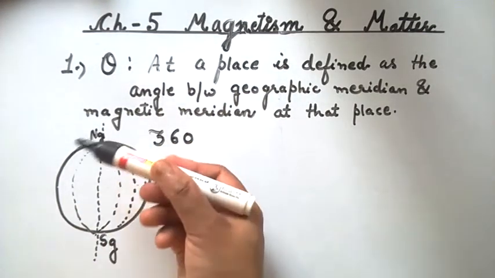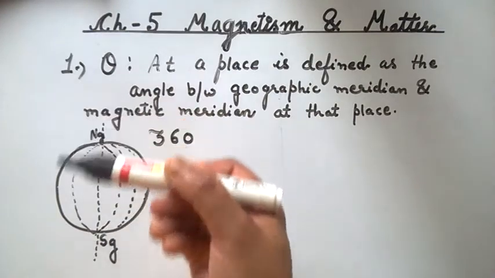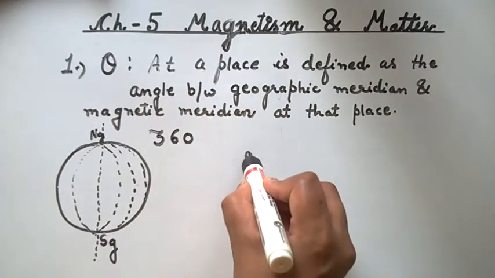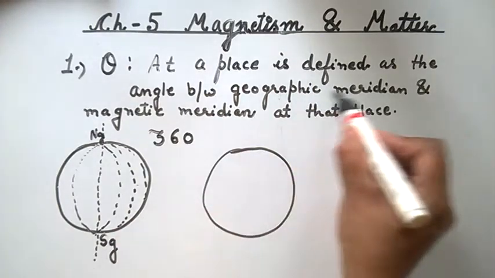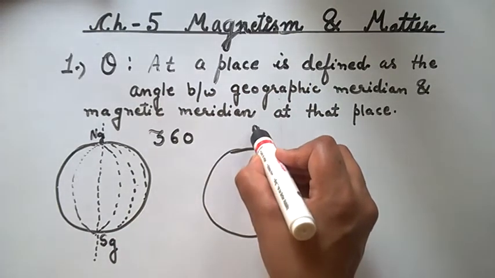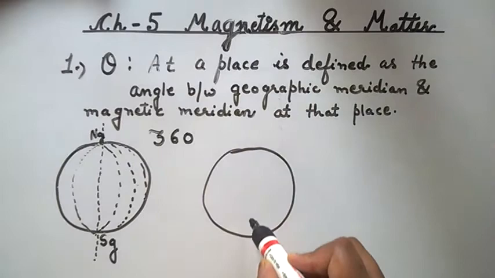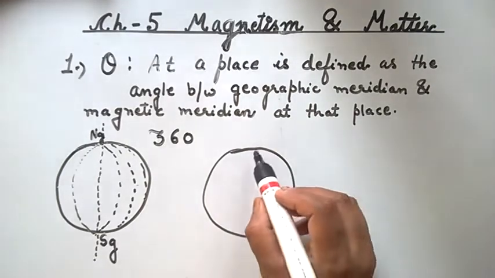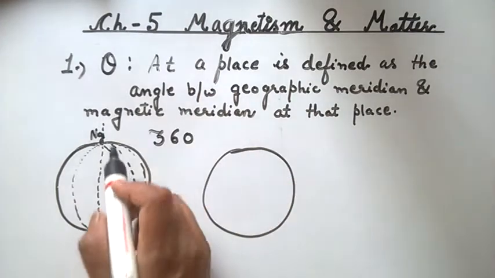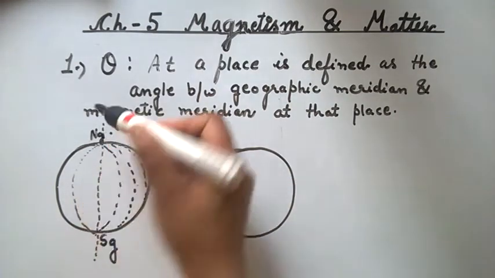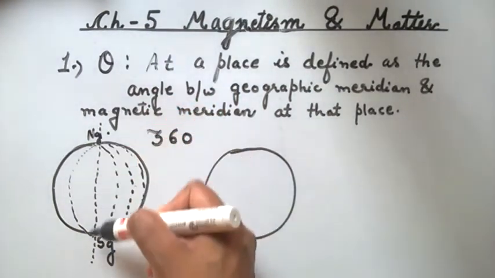When we cut this circle into half, we get a plane known as geographic meridian, that is the vertical plane which passes through geographic axis. And when we see this geographic meridian from the top, it looks like a straight line.